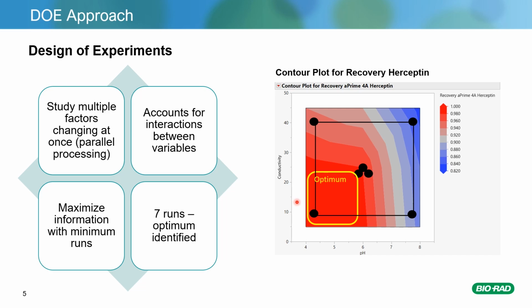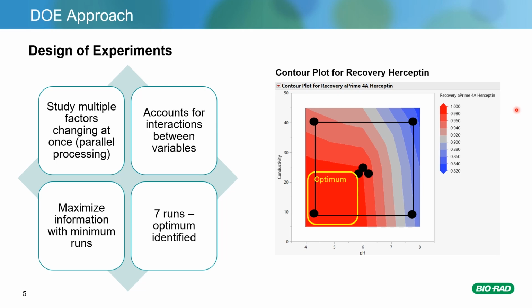But it's worth noting that the ranges of pH and conductivity were the same. The key is just a different way of combining them in the experimental procedure. In this case, by leveraging the DOE approach, we were able to find optimal operating windows with only 7 chromatography runs. We are also able to discover interactions between factors.